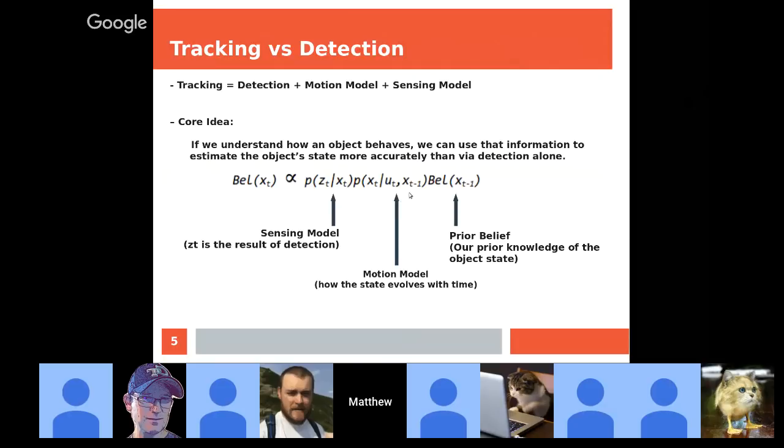So that's our motion model mentioned here. And this was our sensing model mentioned here. And finally, we also maintain a prior belief, which lets us aggregate many, many measurements and pool them together.